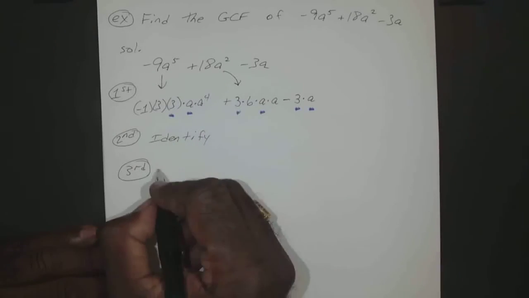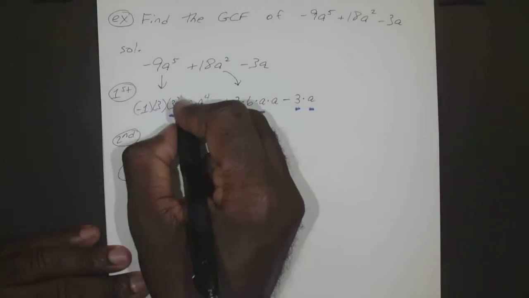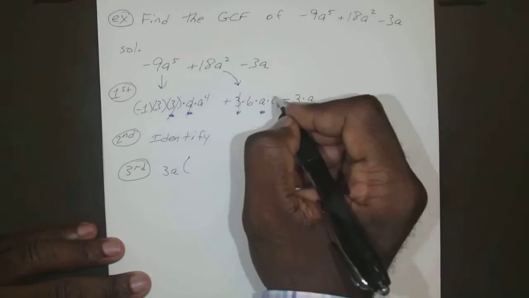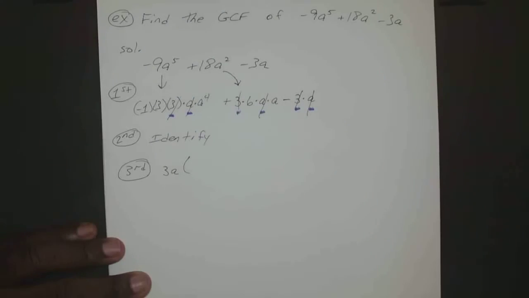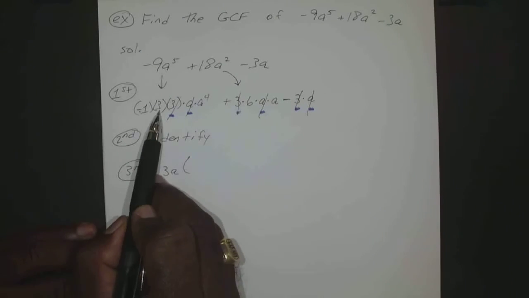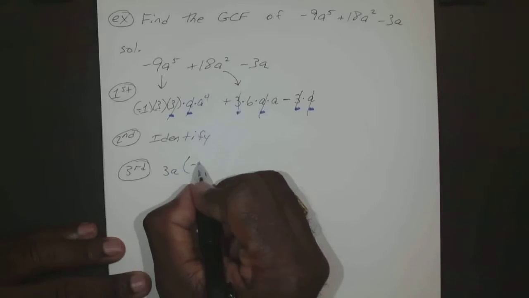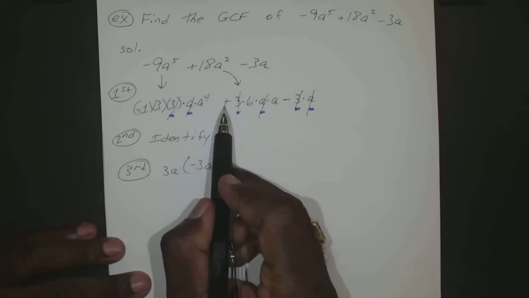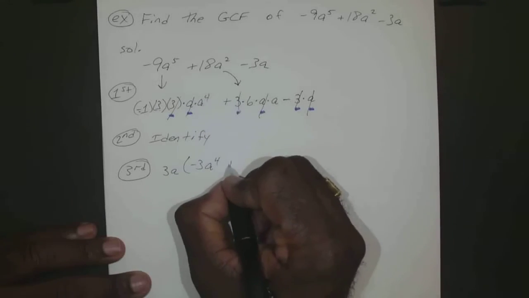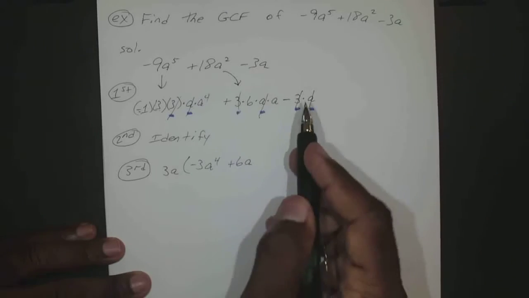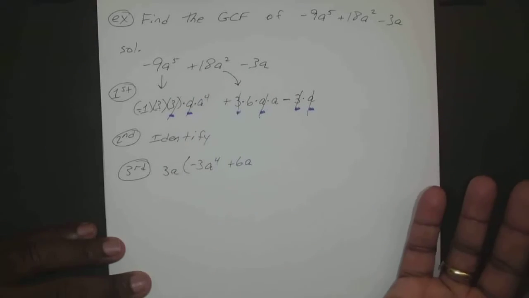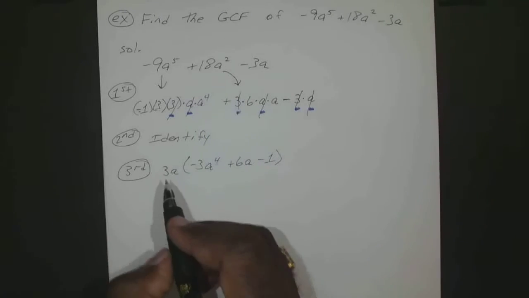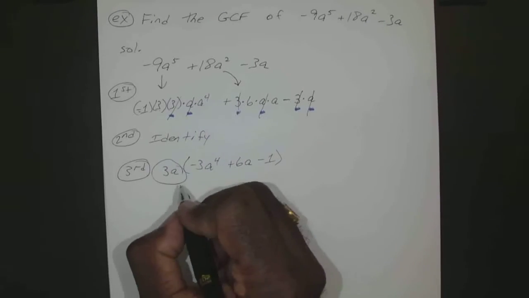You're going to get what they have in common, bring it out to the front, and everything that's left is going into the parentheses. So you have -1 times 3, which is -3, times a to the 4th. You have plus 6 times a. And when everything cancels out, it just becomes a 1. Okay, so that means the greatest common factor is 3a.